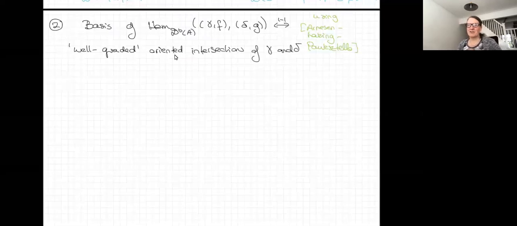It's not quite true because it's a bijection in all cases except if gamma is equal to delta and they're both a simple closed curve. And if the grading f is equal to the grading g for some reason, then the identity map of that band complex cannot be seen as an intersection.